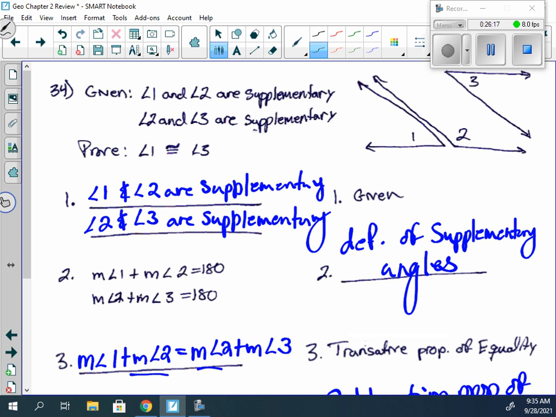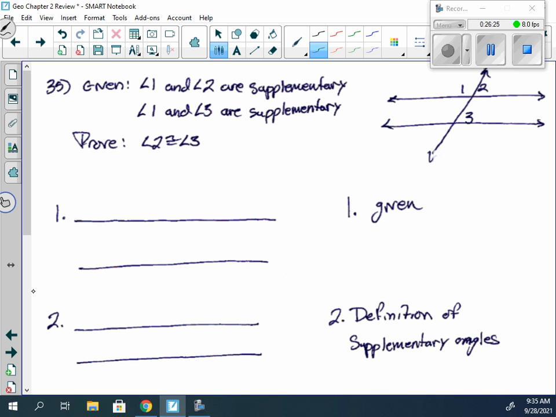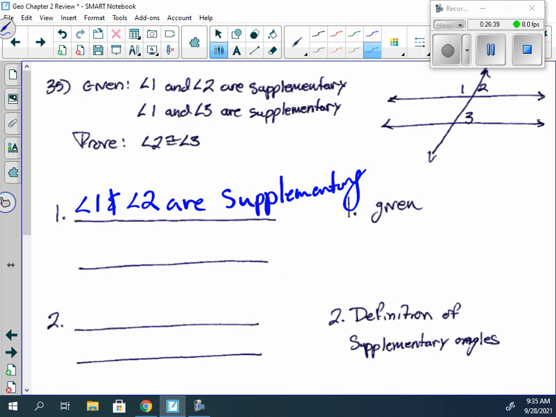Is there another one of those that y'all want to look at? Well, what are we starting out with? If you abbreviate something here, if you have space, go on and write it out.